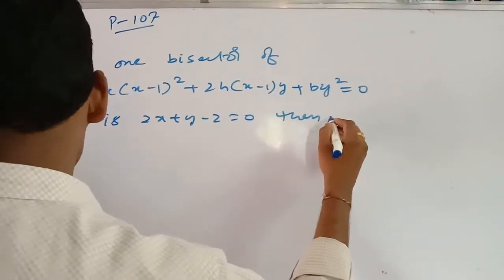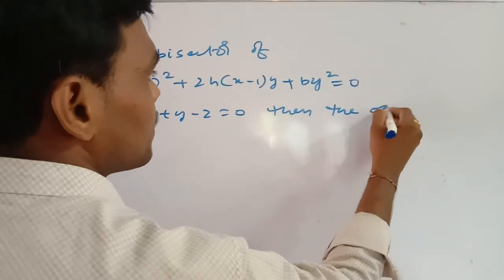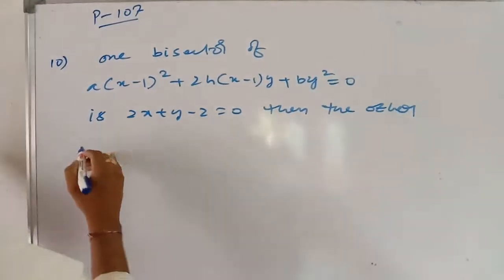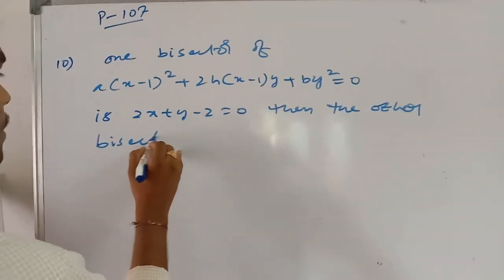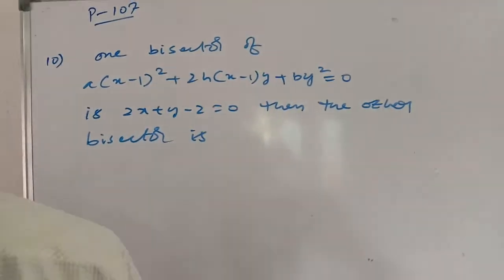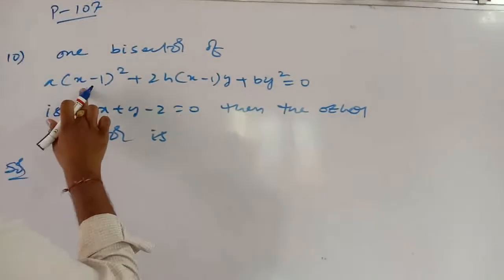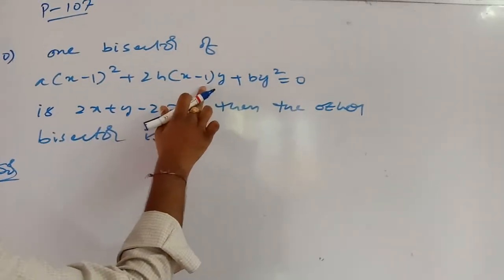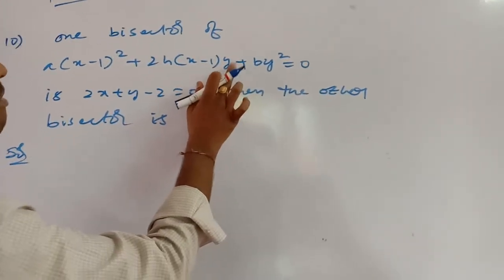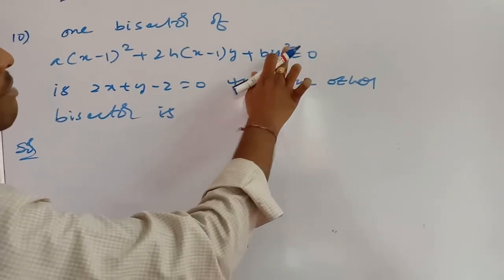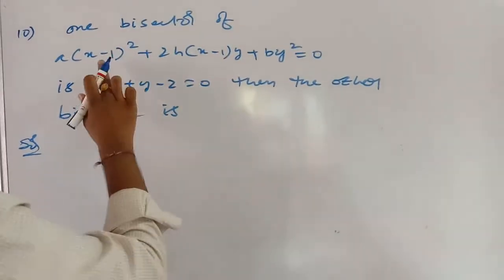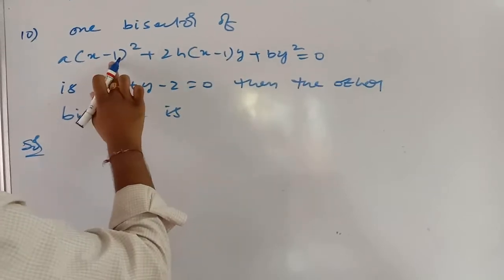Then the other bisector is... Now here a(x minus x1) whole square plus 2h(x minus x1)(y minus y1) plus b(y minus y1) whole square. Here y1 is 0. That means y1 is 0. Now the point x1, y1. Here the point is (1, 0).